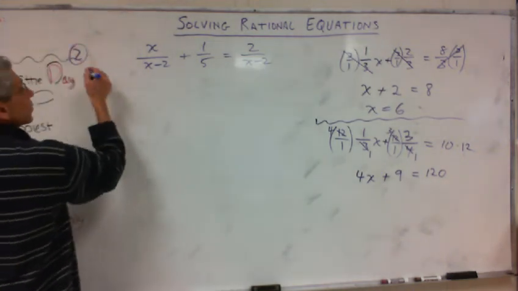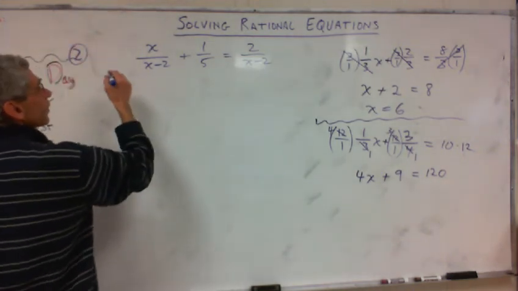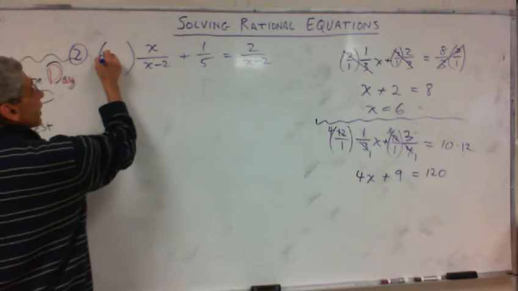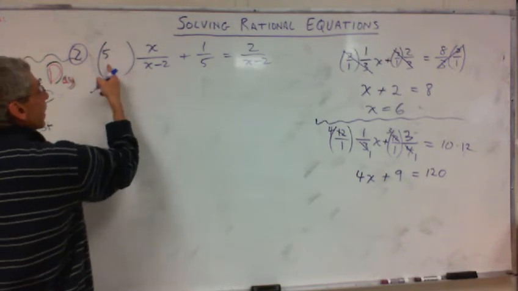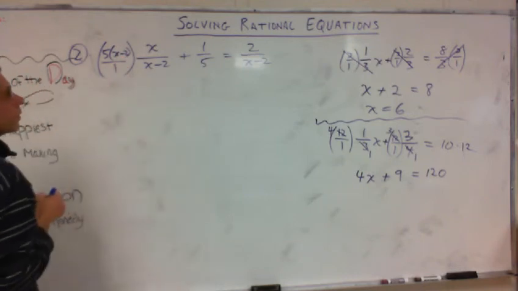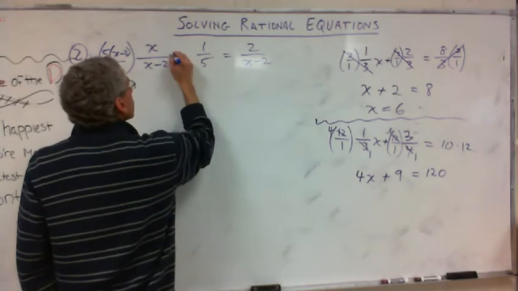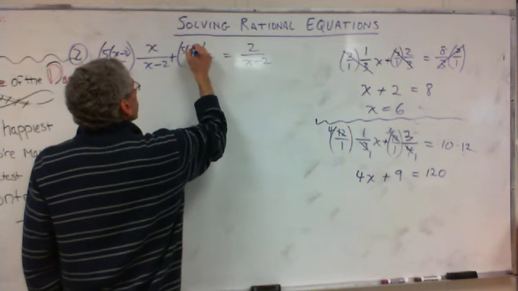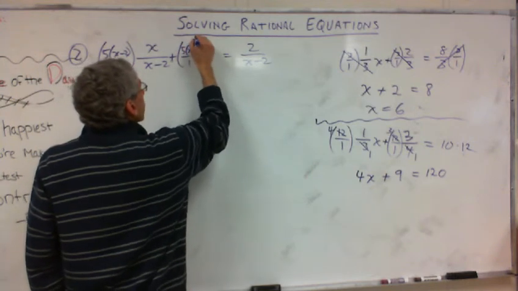So I'm going to multiply everything. I'm multiplying this by 5 times x minus 2, all over 1. And I'm multiplying this by 5 times x minus 2, all over 1.